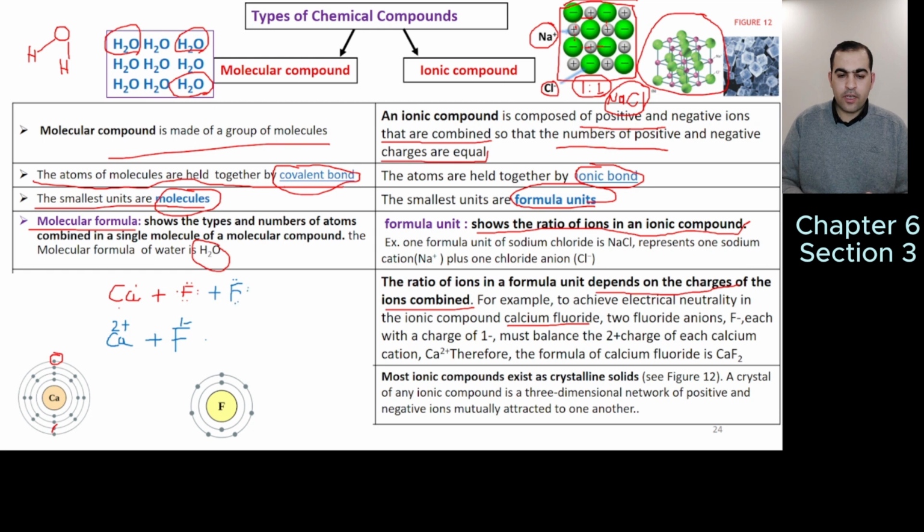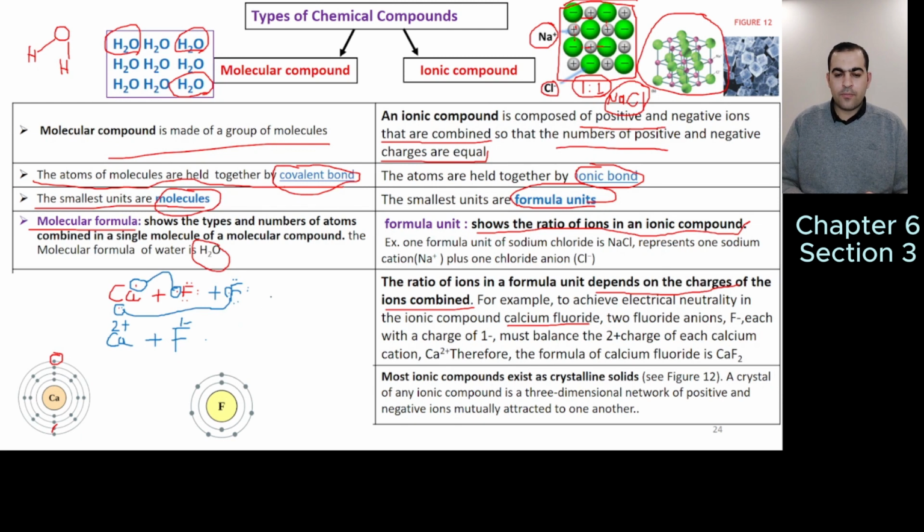This electron will be lost and transferred to fluorine. Calcium must lose 2 electrons, so this fluorine gets that electron, and it will be paired with this.